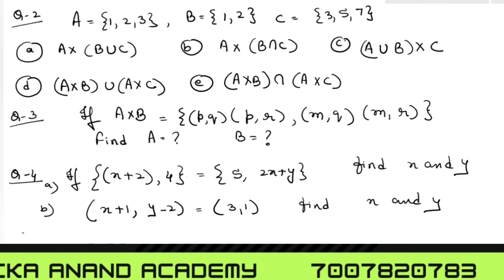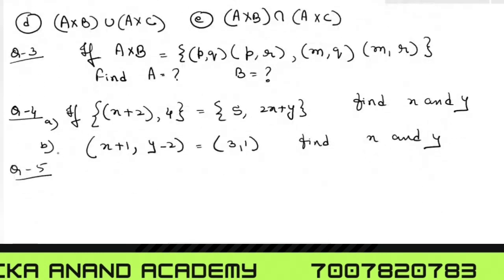I explained the pictorial diagram also. Can you explain them with the help of a pictorial diagram also for one question? How do you want it? Let A be equal to 1, 2, 4. B is equal to 1, 2, 3.